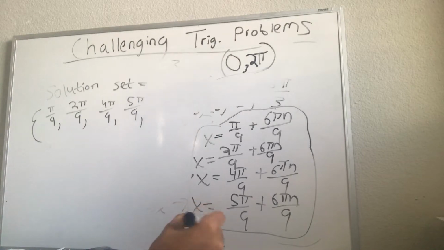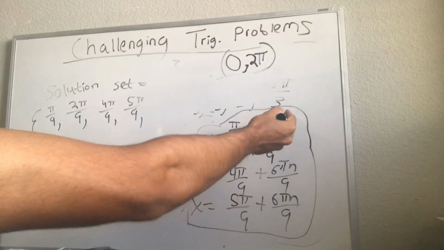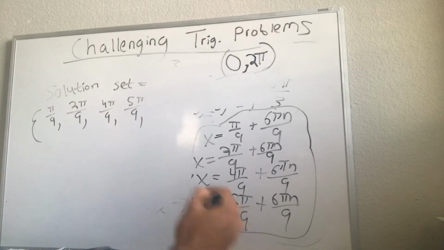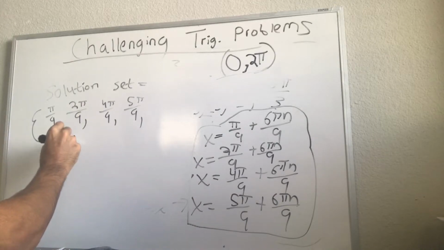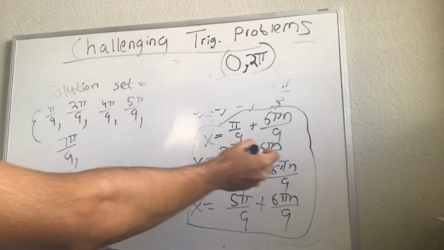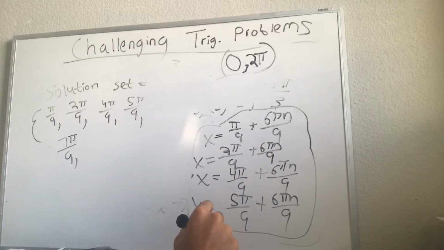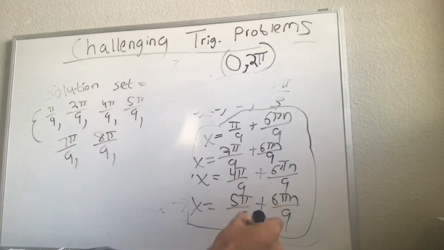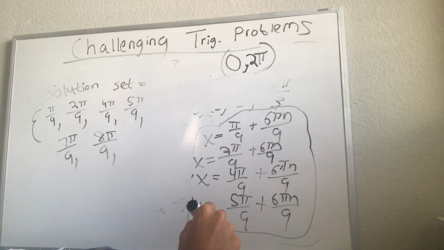And really, we're going to now plug in 1. So if we plug in 1 here, we get 6 pi over 9 plus pi over 9. That's 7 pi over 9. We do the same thing here. We get 6 pi plus 2 pi, that's 8 pi over 9. And for the third one, we substitute 1 in. We get 6 pi over 9 plus 4 pi over 9.